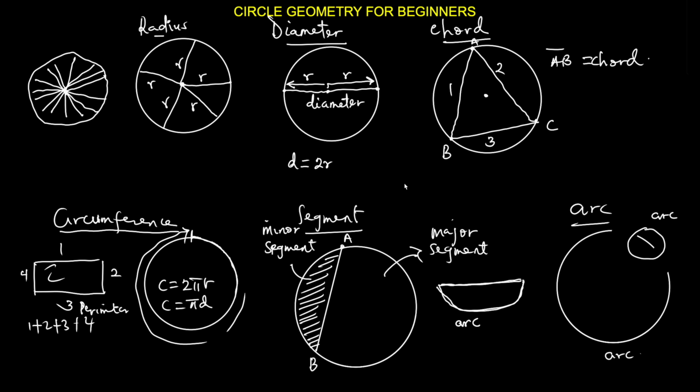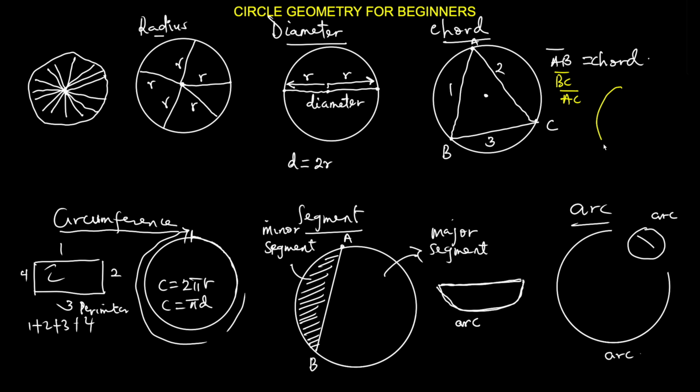Okay, again, there is a relationship between the chord and the diameter, right? We said that a chord is a line that connects 2 points on the circumference, such that AB is a chord, BC as well right here is a chord, then AC is a chord.